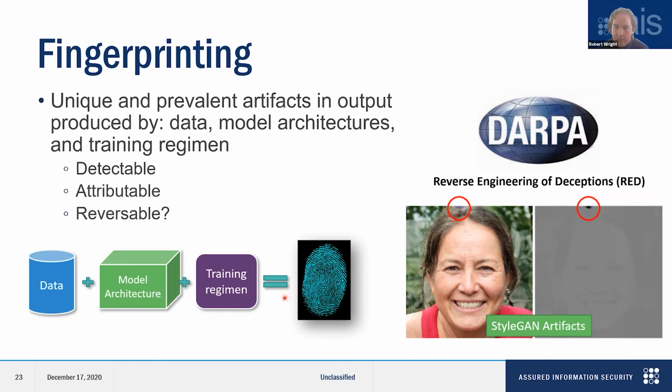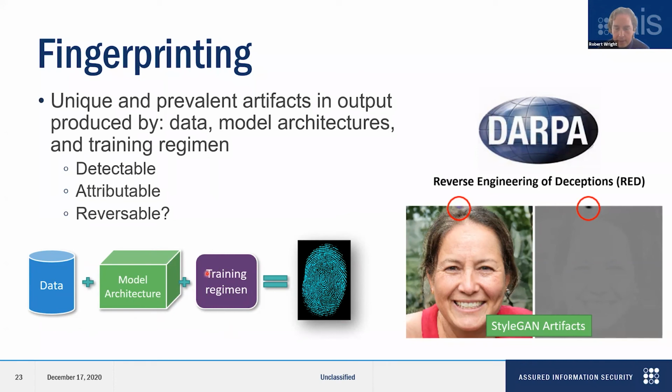And these unique artifacts could be used as a fingerprint, once they've been identified, that could be detectable and be used to attribute who's doing what, because there's probably going to be quite a bit of reuse. Data is expensive to gather. The model architectures can be varied, but generally there's a few good ones that are good at modeling those domains.